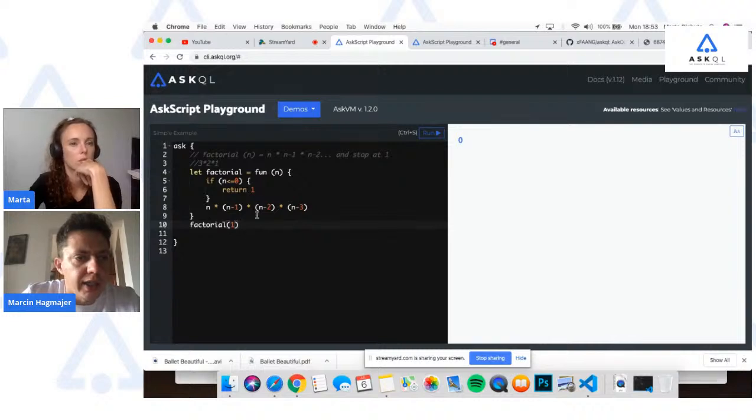So on line 8, we already know that n is positive, because if it wasn't positive, we would never be here, because we would return. So we have a positive number, and we multiply it by a number 1 less than it. So if we start with 1, we multiply it by 0.